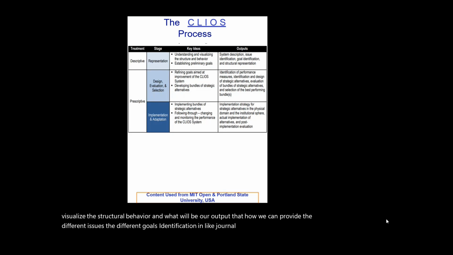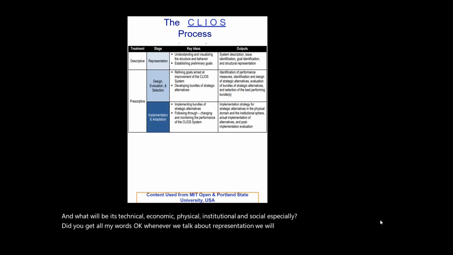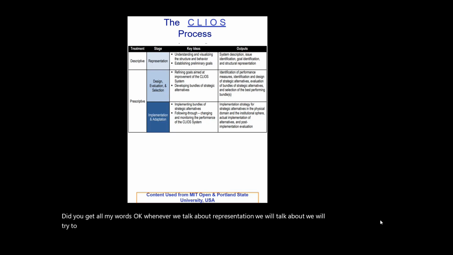That means whenever we talk about representation, can we break the physical domain into relatively independent systems, and what will be its technical, economic, physical, institutional, and social aspects. Ali, did you get all my words? Okay. Whenever we talk about representation, we try to analyze, visualize, and understand the different parameters such as technical, economic, physical, social. Okay, clear?